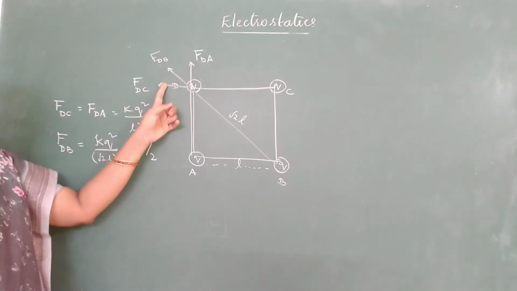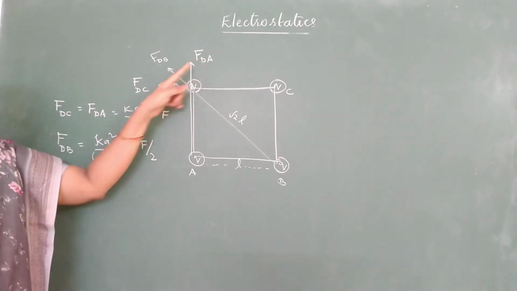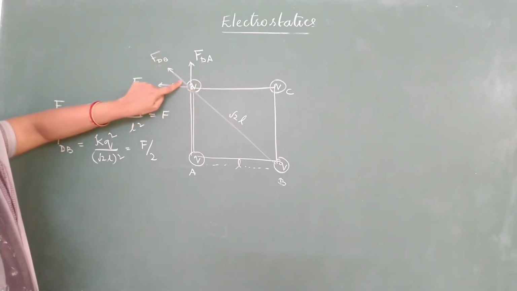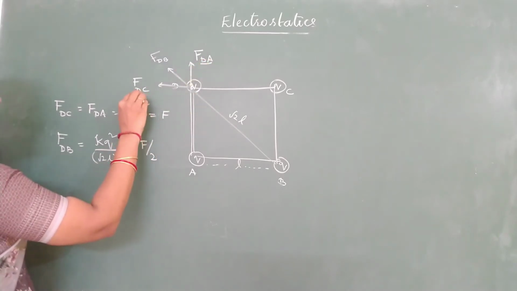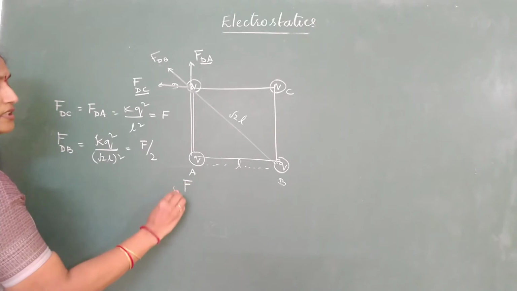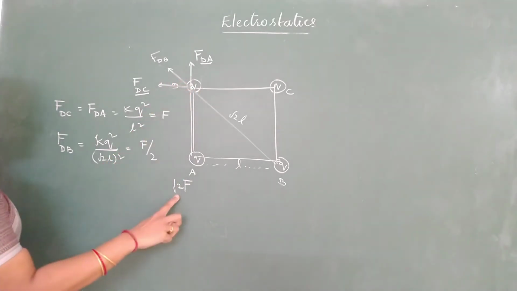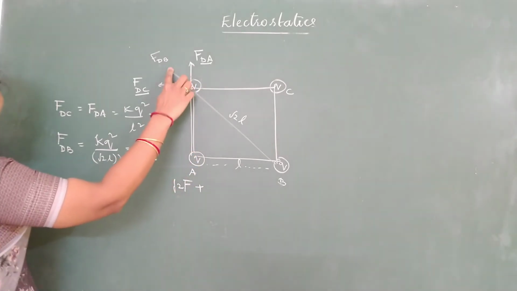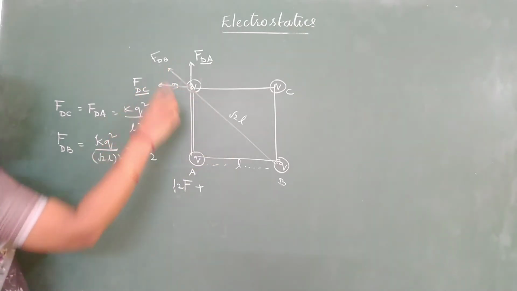What is the sum of these two vectors which are perpendicular to each other? Since these two forces are equal and perpendicular, the resultant will act along the diagonal. So the sum of FDA and FDC will be root 2 F, because for forces acting at 90 degrees we use the parallelogram law. This root 2 F acts along the diagonal, plus there is already F by 2 acting along the diagonal.